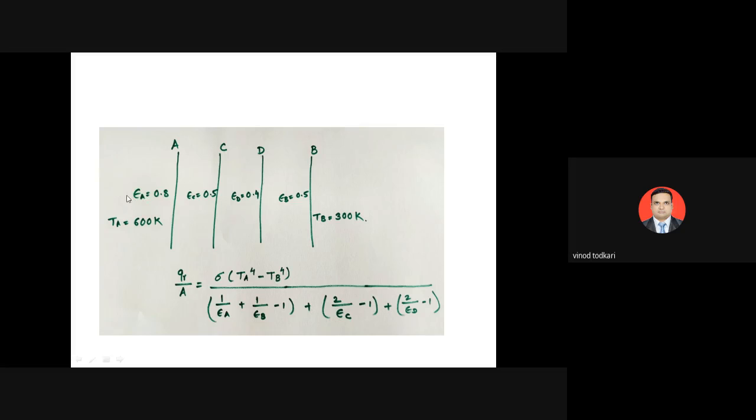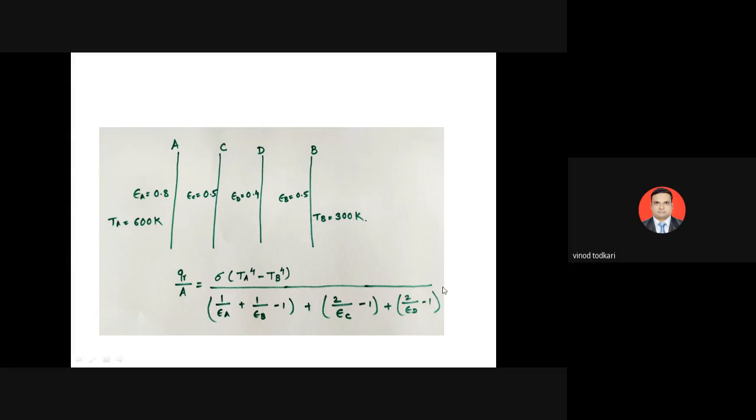Their emissivities are given, epsilon A and epsilon B. Now, two plates are introduced in between them, plates C and D. Epsilon C is given, epsilon D is given, right? What do we have to find? Heat exchange. Now see, if only plate C was there, what formula would we have used? We would have used only the second bracket, right? Now one more shield is there, no?